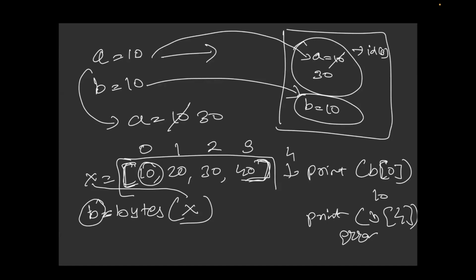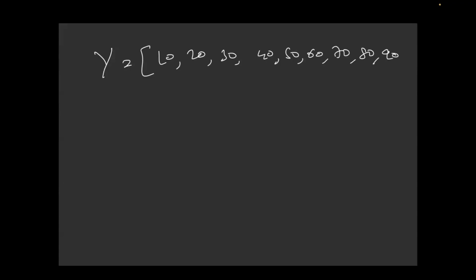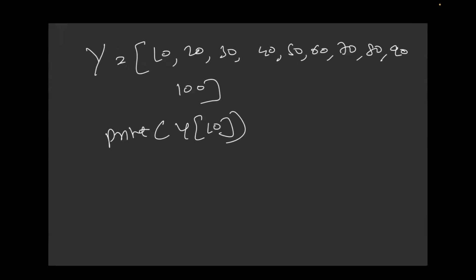So is this clear? Now if I tell you y equals 10, 20, 30, 40, 50, 60, 70, 80, 90, 100, what is print of y of 10? Can anyone tell me? Error, sir. Now what is print of y of 7? 80.